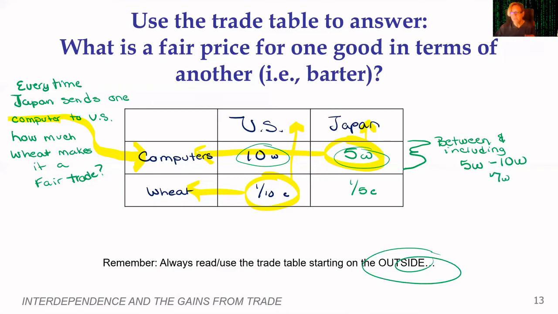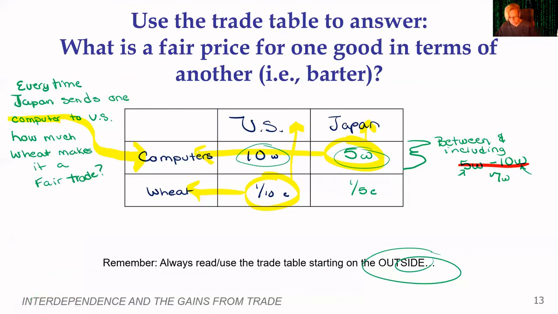But sometimes we might send less because we're angry at a country, and sometimes we might send more because that country might be underdeveloped. So that's why we have a range here. So when you talk about trade and trade negotiations, there will often be a range in here. Okay?